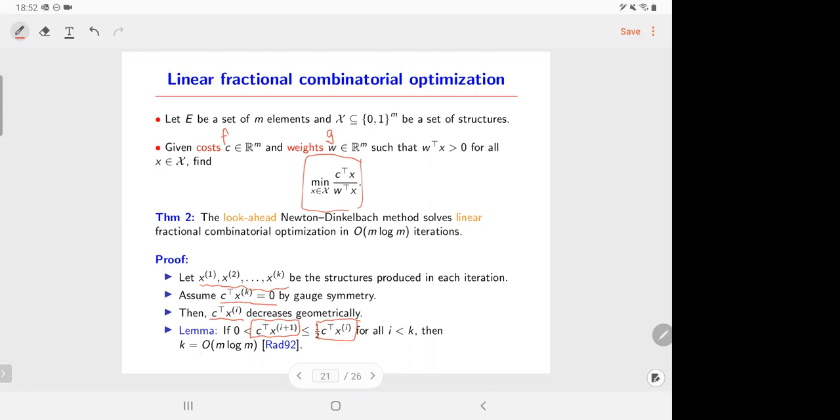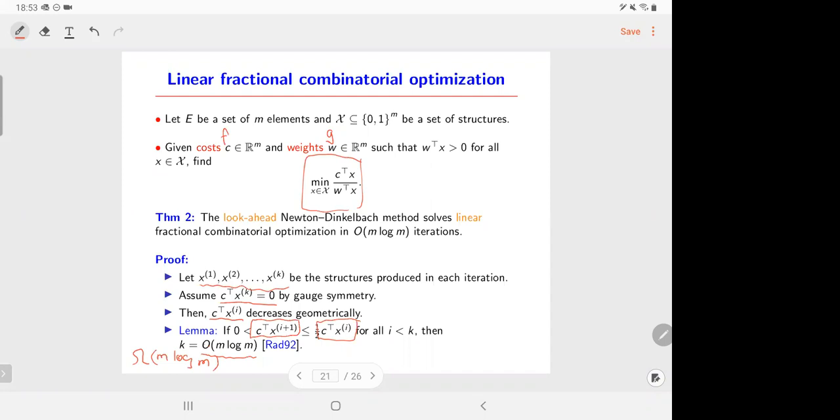In particular, the maximum length of the sequence is m log m, where m is the number of elements. This bound is actually tight. You can actually construct instances which satisfy this condition with the same asymptotic length.